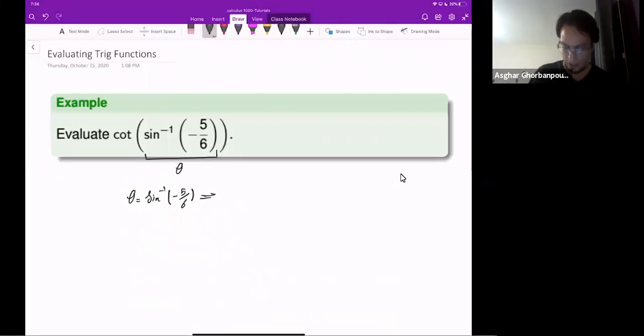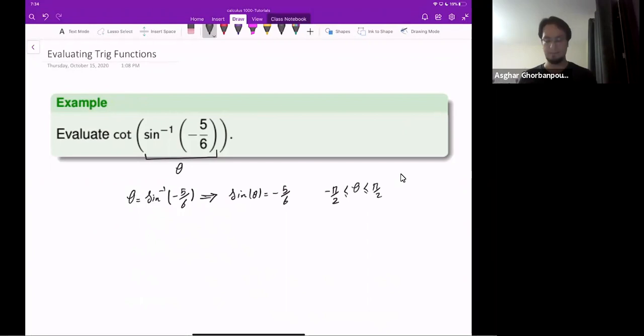In other words, sine of theta is going to be equal to -5/6. Well, this is actually when theta is a number between -pi/2 and pi/2. That's basically how sine inverse is defined, yes? But we have one more point here.